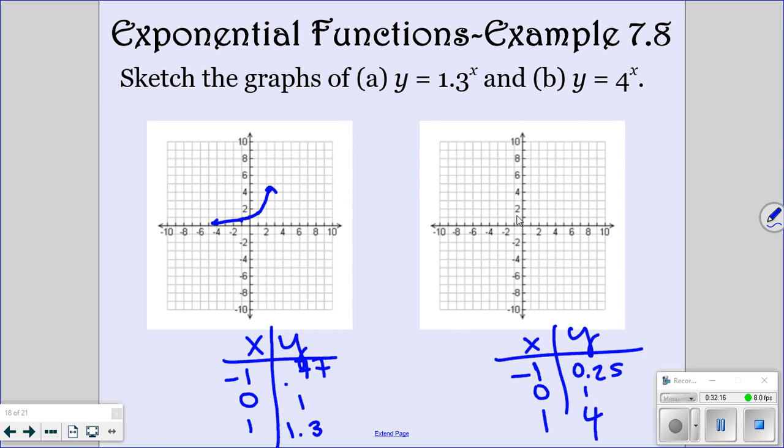So if you go graph it, those are your points, and as you can tell, this one is a lot steeper of a curve. And so there's the graph that it would make. So that's how you can sketch your exponentials.